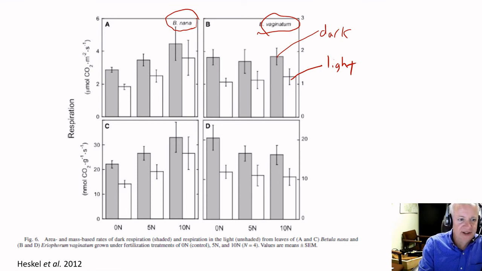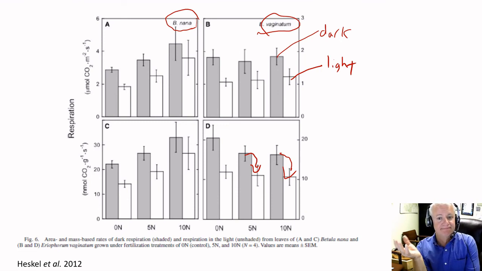What they're showing is that across a range of nitrogen concentrations in these two different species, the rate of respiration in the dark is higher than the rate of respiration in the light across all of those conditions. So really neat study showing that respiration in the light is indeed suppressed relative to in the dark.